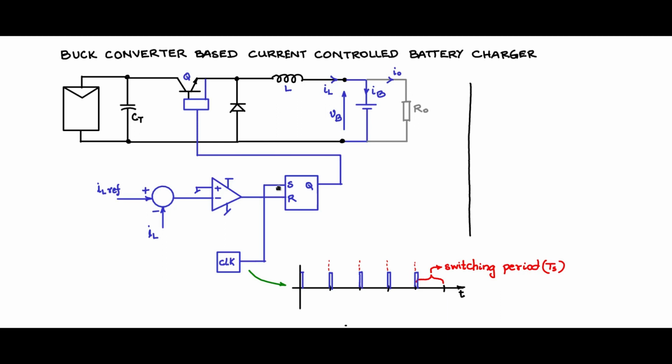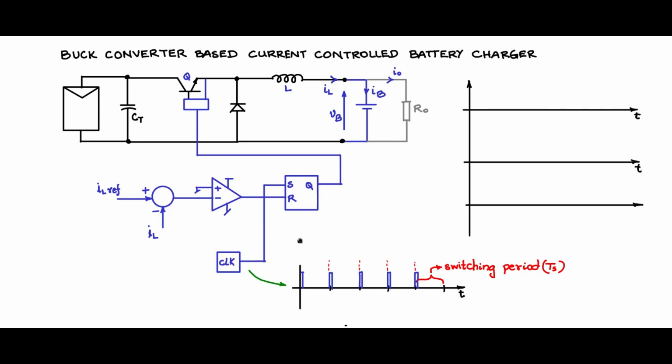Now let us look at the various waveforms to understand how this operates. So I will draw the various axes, time axis basically, and I will divide this into two portions. This is the first cycle TS, and this is the later cycle.